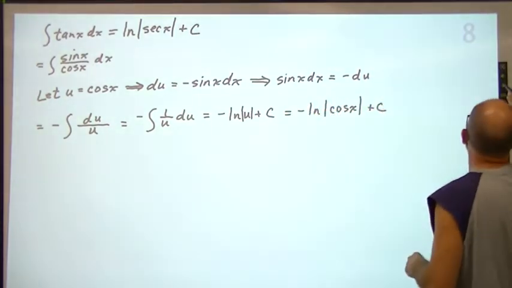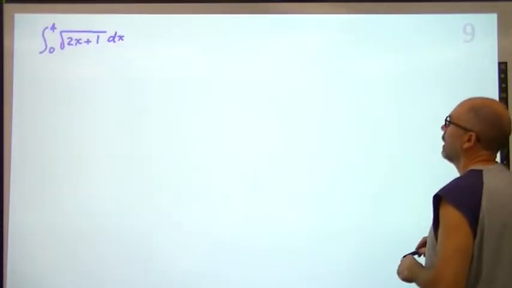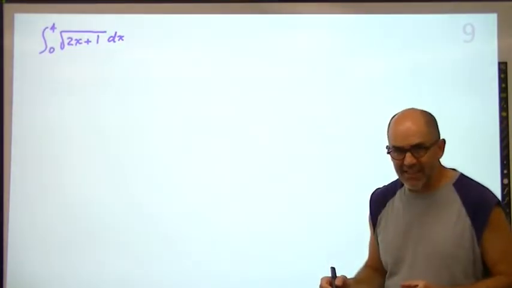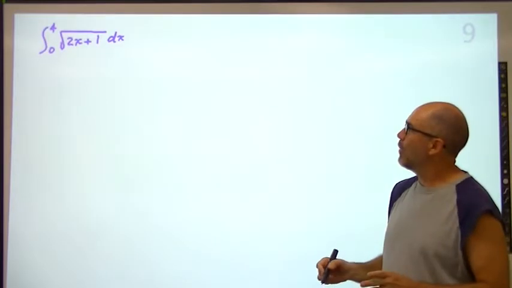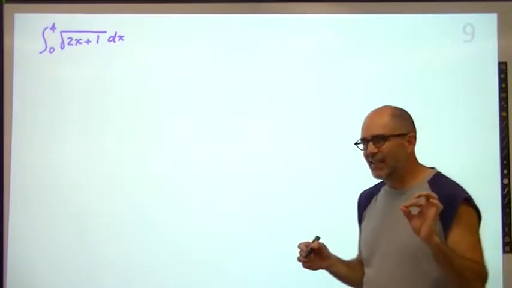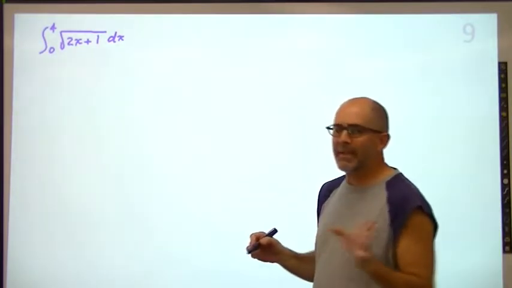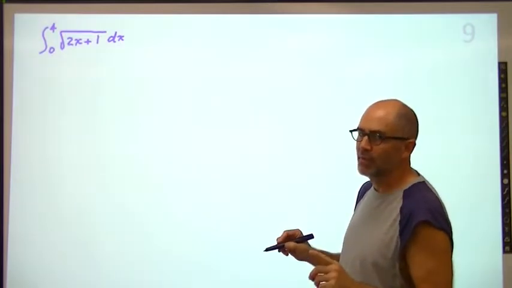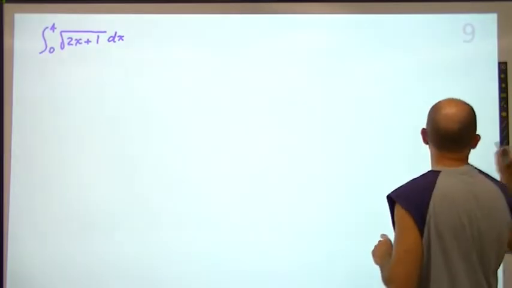Okay, now, here we are with a definite integral. So this can be just slightly different, but there's just one little tripping hazard here that I want to make sure you guys don't mess up.